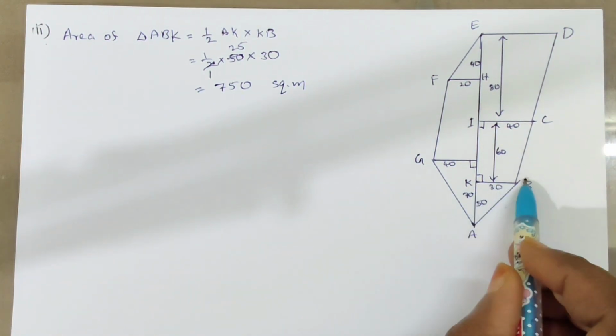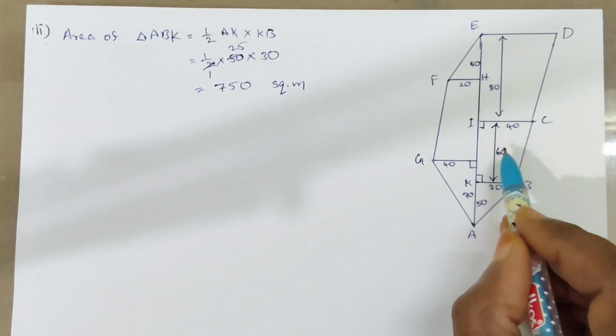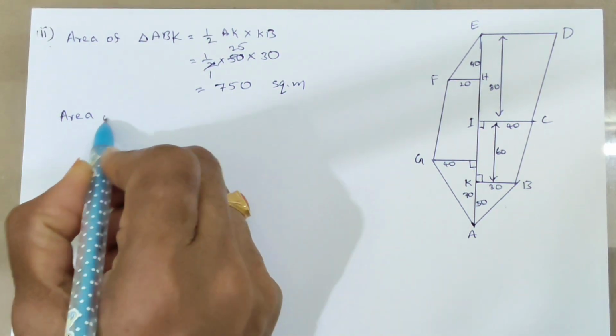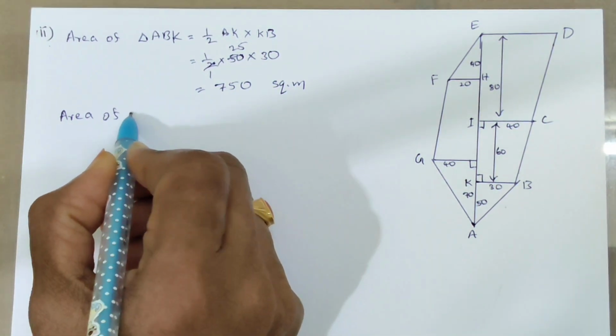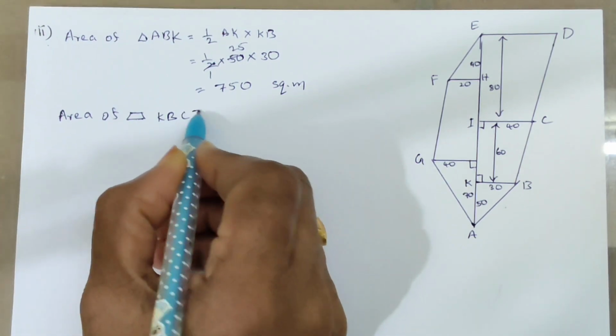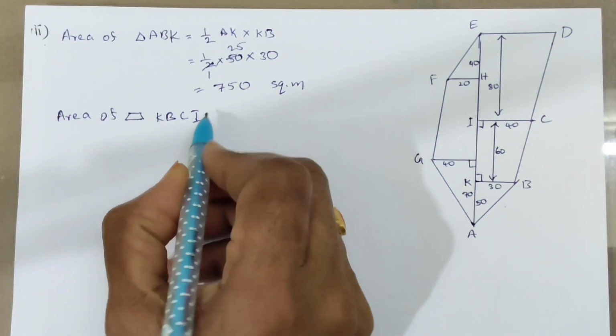Now we find the KBCI trapezium area. Area of trapezium KBCI.